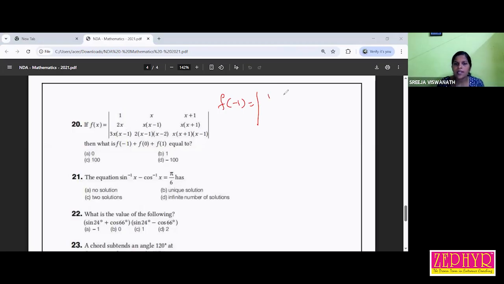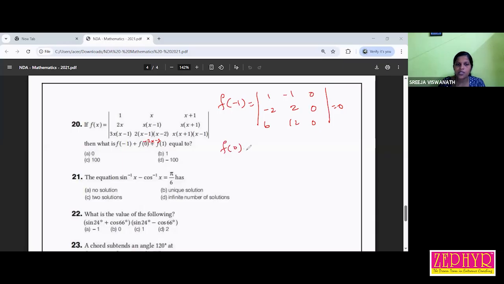Computing the determinant, it comes to 0. So the value of f of minus 1 is 0.